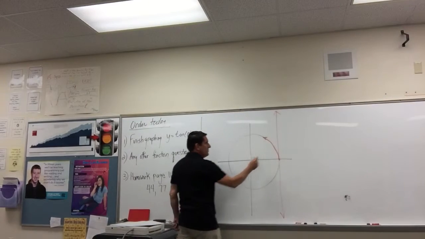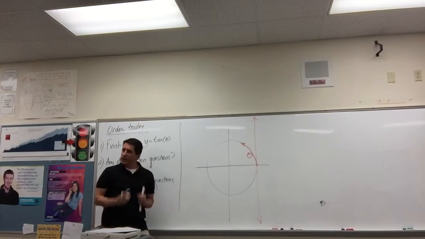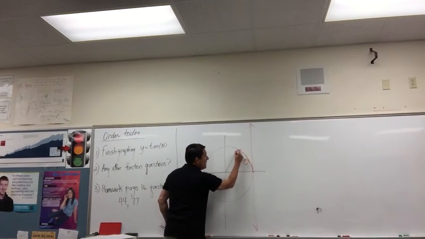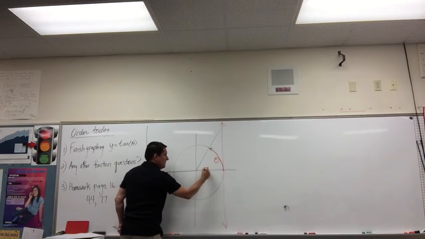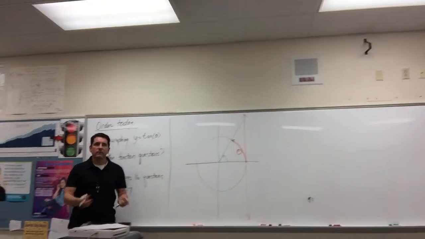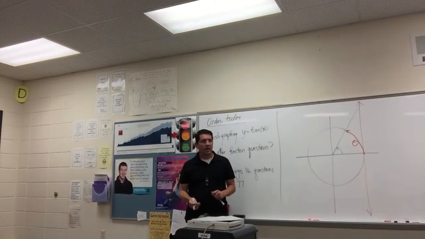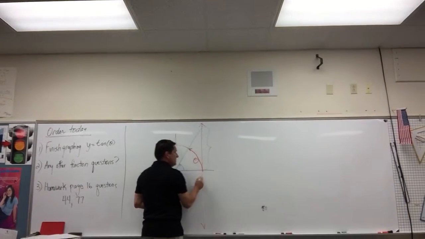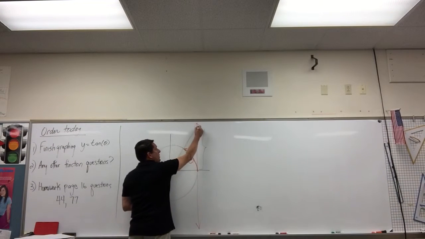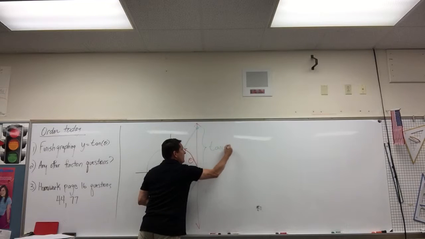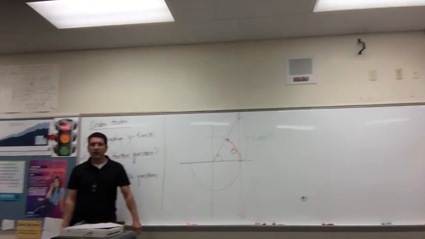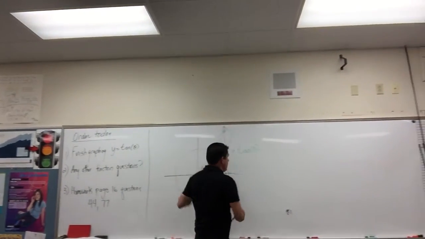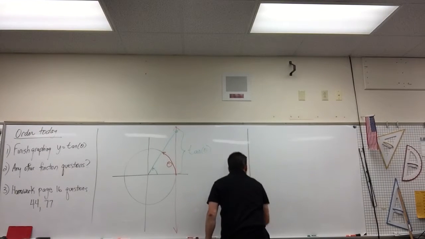Okay, this distance, this theta, is in radians. Its corresponding angle in degrees is this. Okay, so that's how the degrees and the radians match up. Okay, and we said that for this, the distance from the x-axis to the point of intersection here is equal to the tangent of theta. Does that ring a bell? So that's how then we would spin that theta around, and we would get our values.